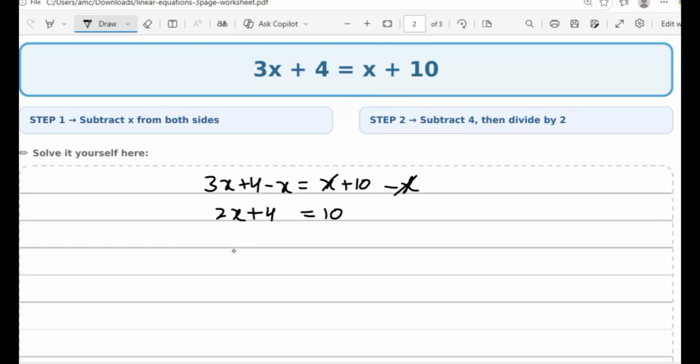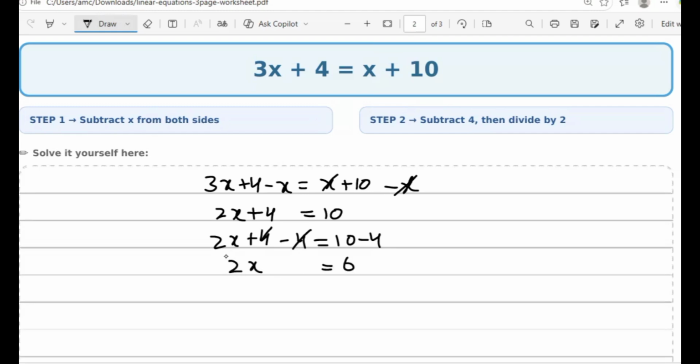To remove this 4, we subtract 4 from both sides. So we have 2x plus 4 is equal to 10. Then this positive 4 cancels with the negative 4. So we have 2x is equal to 6.